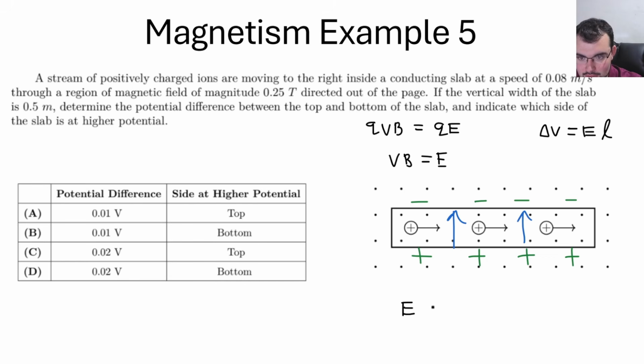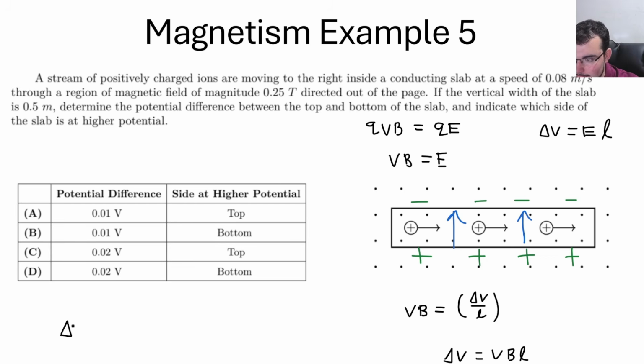Obviously, you could be done with this a lot quicker. So you could say VB equals E over L, but I do think it's a useful exercise to at least derive the Hall effect once. So we get delta V over L, so we get delta V from the Hall effect is VBL.